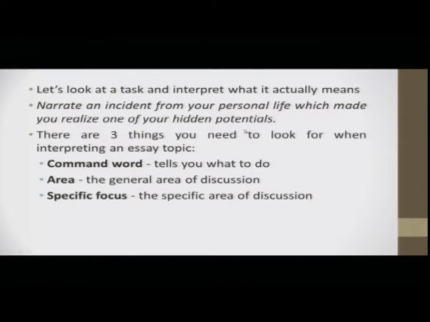So, in this task, or for any task, usually there are three things you need to look for. These are called command word, area and specific focus.